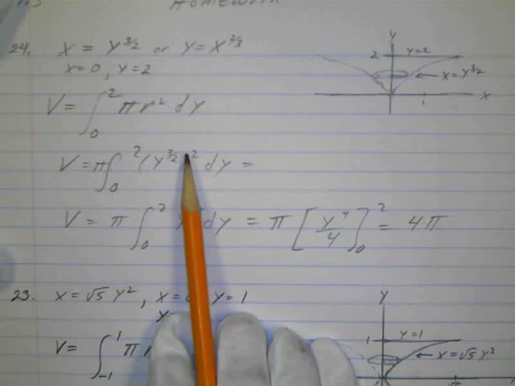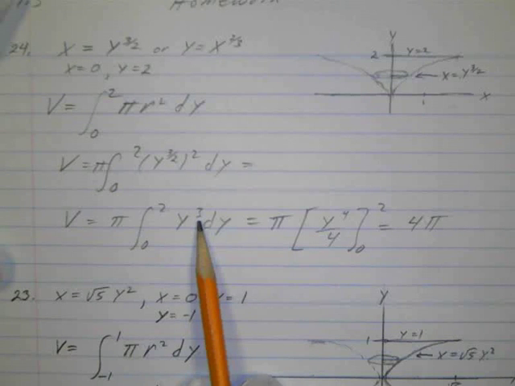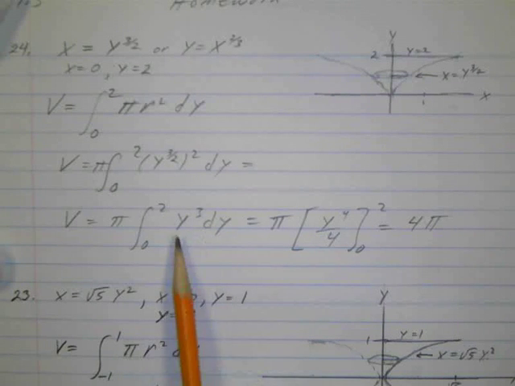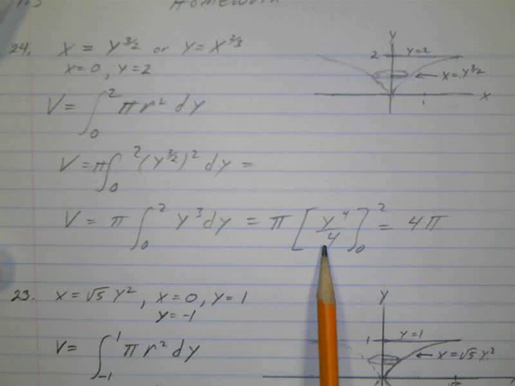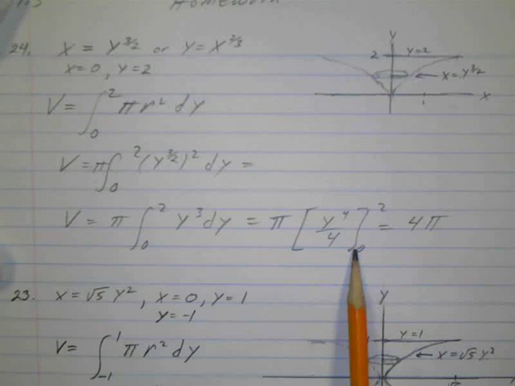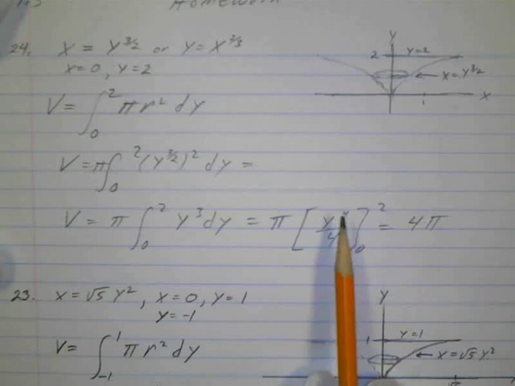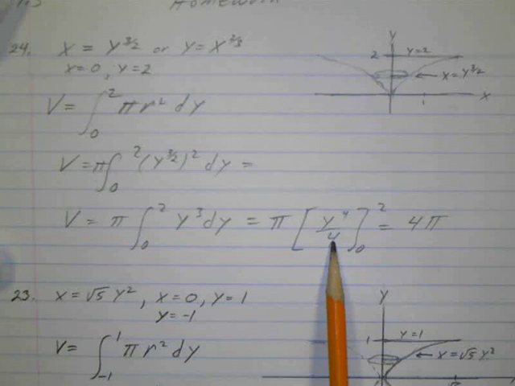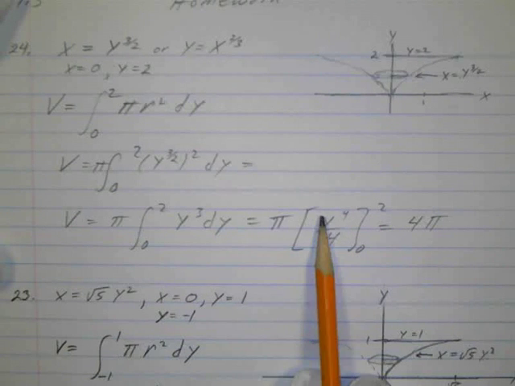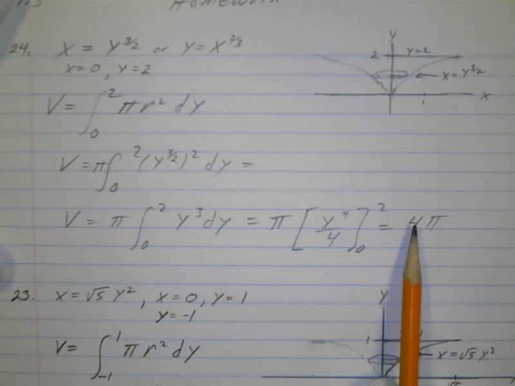And when I square y to the 3/2, I just get y cubed. Still have my pi in front, then I take the antiderivative of y cubed as y to the 4th over 4. And I evaluate that at 2 and 0. 2 to the 4th is 16. 16 over 4 is 4. So that's 4 pi. If I put 0 in here, I just get 0. So I end up with 4 pi. So that wasn't too bad either.